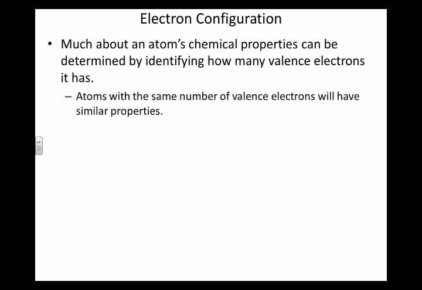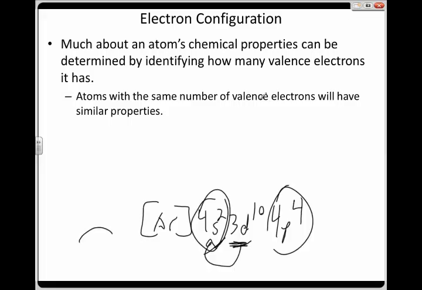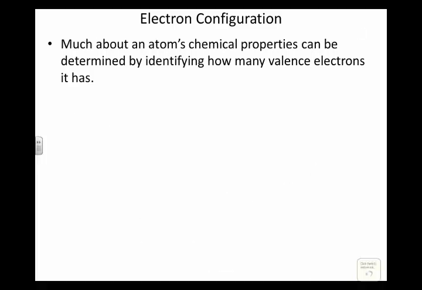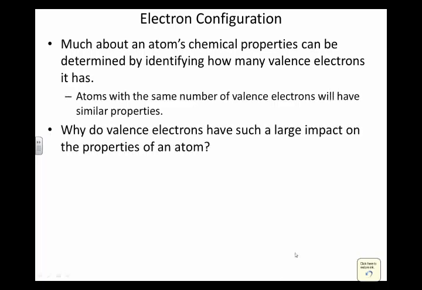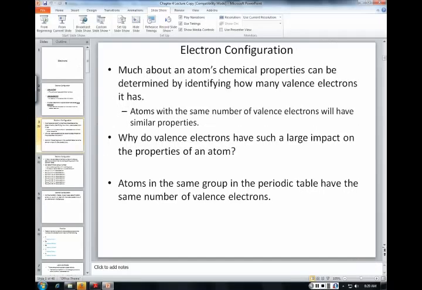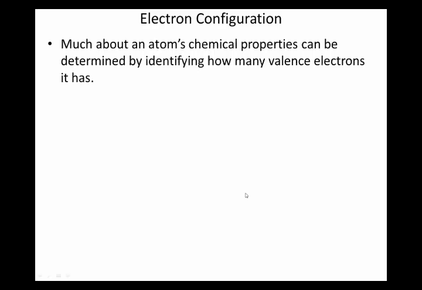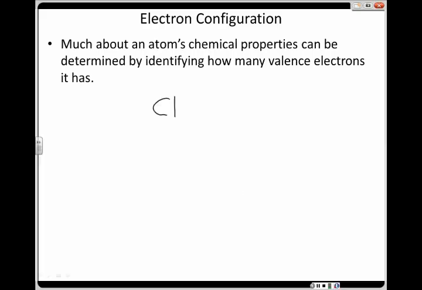So if you look, say, at chlorine and bromine, and their noble gas notation electron configurations, chlorine is neon 3s2 3p5.